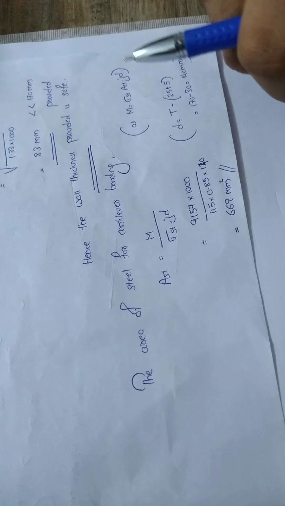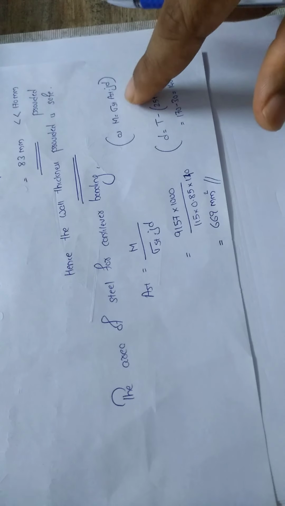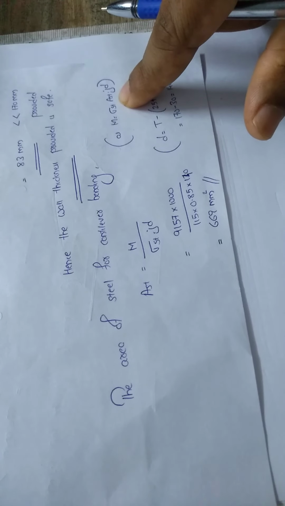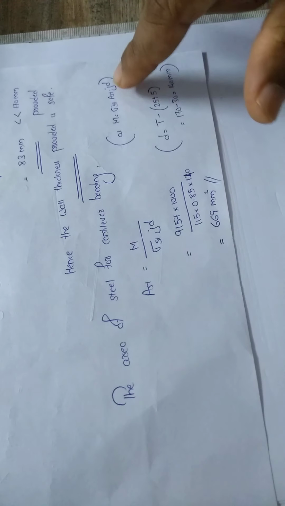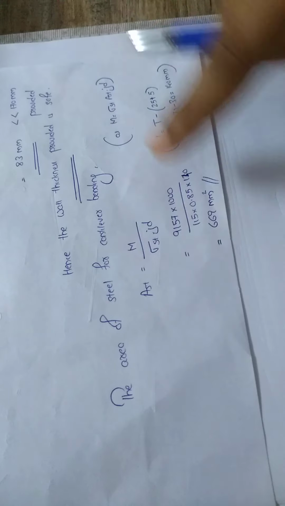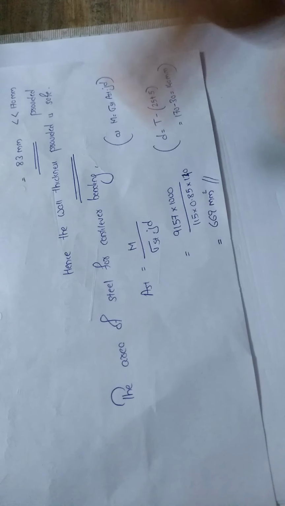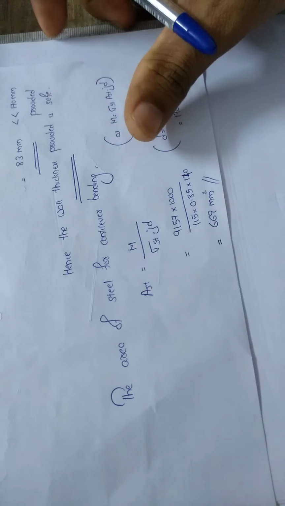So the area of steel for cantilever bending, that is the inside vertical reinforcement. We use the moment of resistance based on tensile force, that is M is equal to T into lever arm, so sigma ST AST into JD, and from that AST is equal to M divided by sigma ST JD, and what we are getting is 669 mm squared.